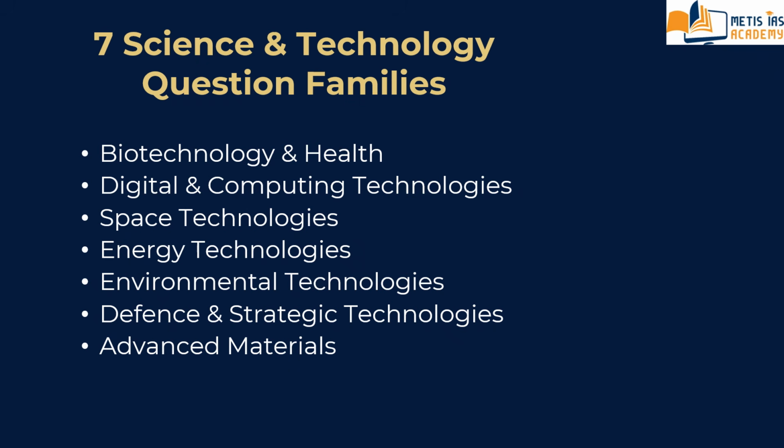And last but not least, seventh is advanced materials like nickel, cobalt, lithium ion, etc. So these are the seven question families. Understanding these families is far more useful than memorizing random technologies.